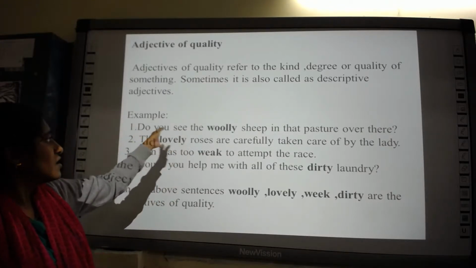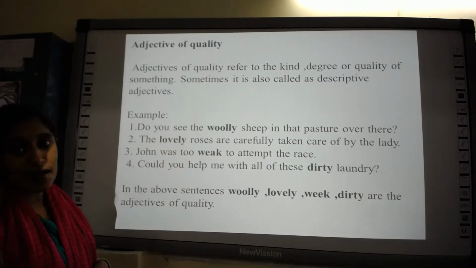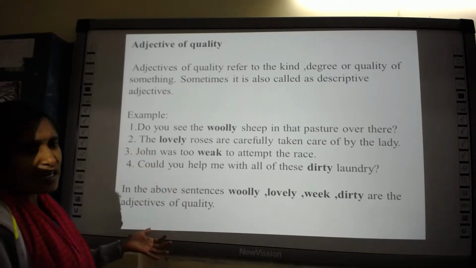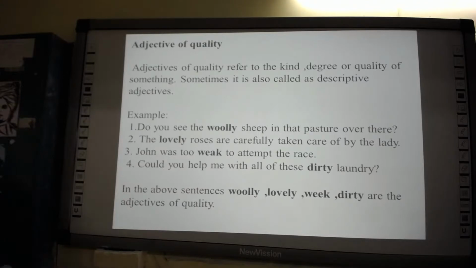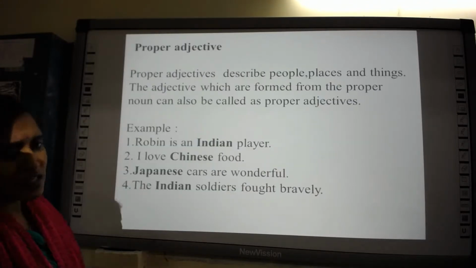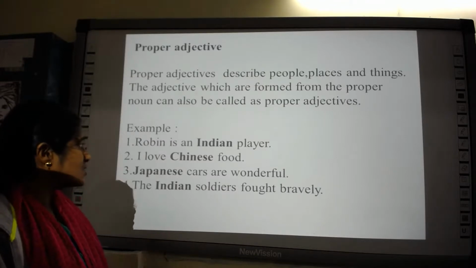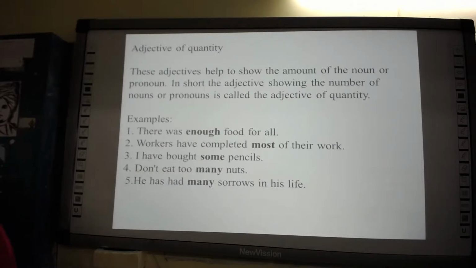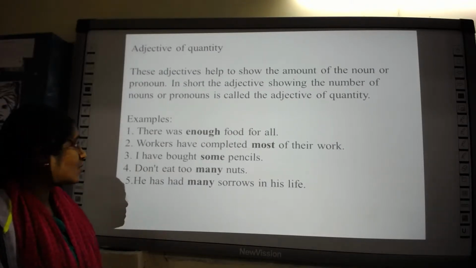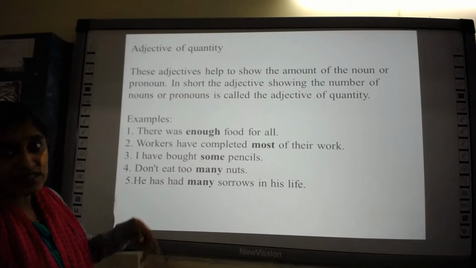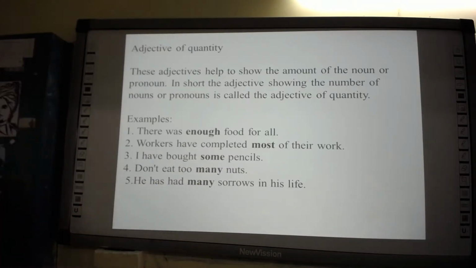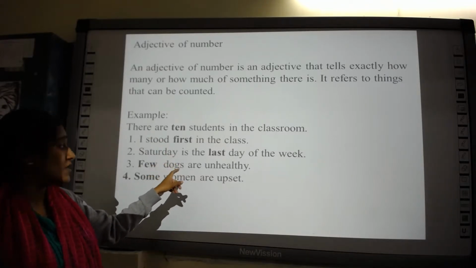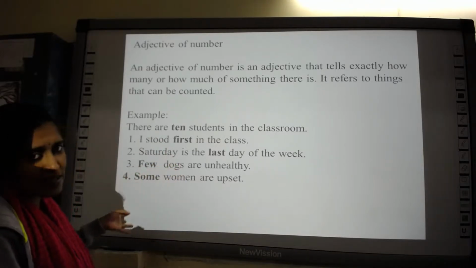For example, the lovely roses are carefully taken care of by the lady. Lovely, weak, dirty, clean, etc. can be adjectives of quality. Proper adjectives are formed from proper nouns: Indian player, Chinese, Japanese, Indian, etc. Adjective of quantity shows the amount: enough, more, some, many, etc. Next is adjective of number, which shows exactly what number, which can be counted: ten, first, last, few, some, etc.